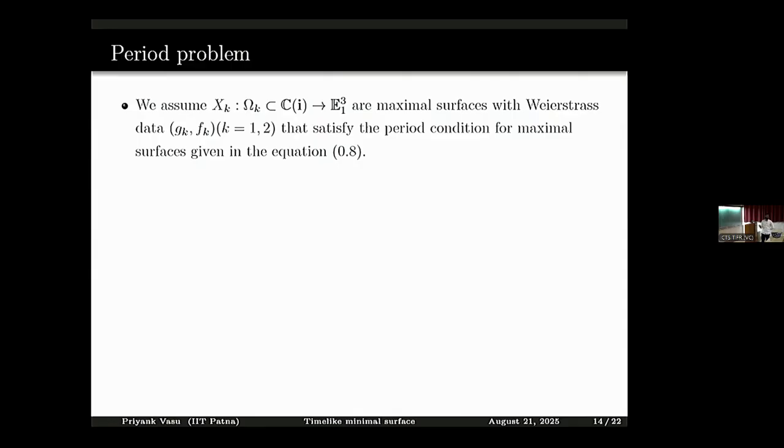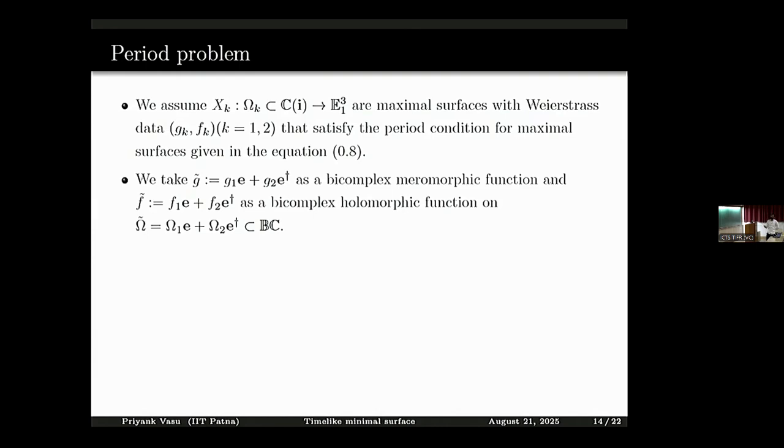So now we are ready to tackle the period problem in bicomplex number. First, we take two maximal surfaces, say x1 and x2, with Weierstrass data G1, F1 and G2, F2, and they satisfy the period condition in the complex plane. And we define our G tilde, which is the bicomplex function depending on the Weierstrass data coming from our maximal surfaces.